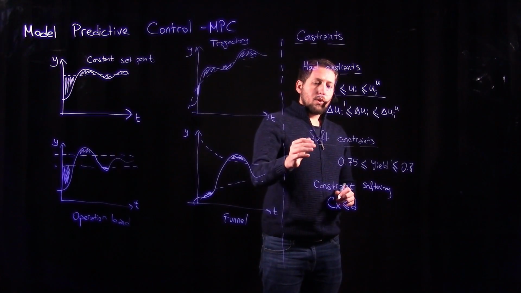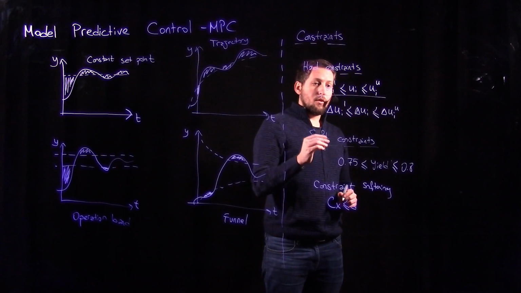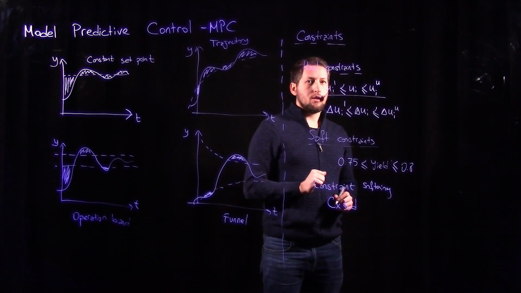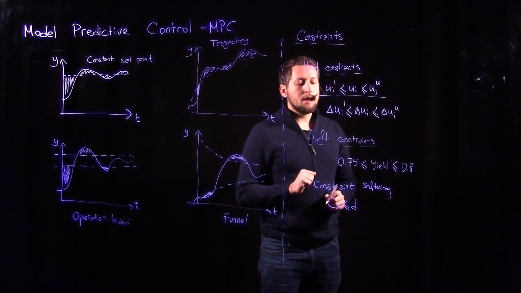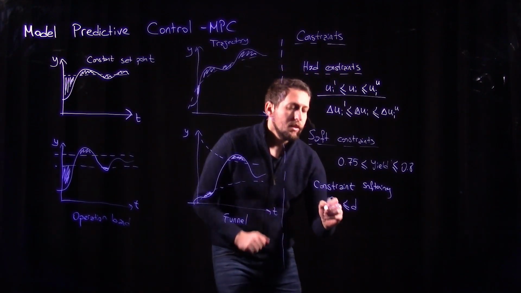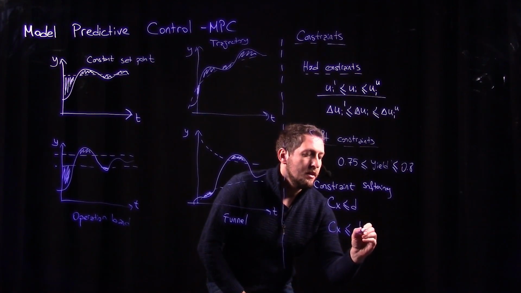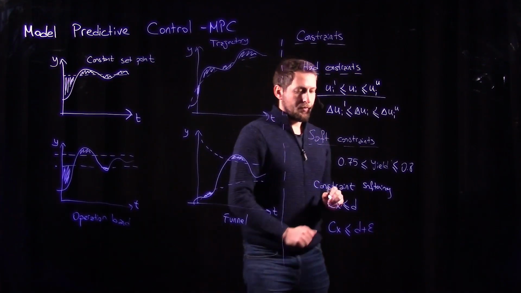Okay, so how can we soften this constraint if possible? So of course, we need an additional variable. Let's say this can be named as a slack variable, and this one can be represented as something like that, d plus epsilon.